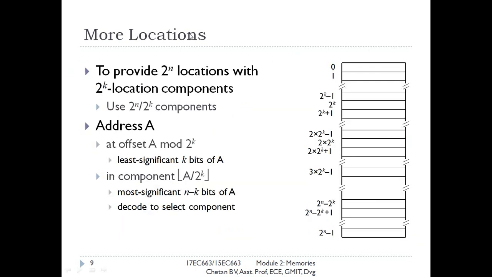The next concept is more locations. If we want to increase the number of locations, we have to arrange individual memory components in this fashion. If we require 2 power n locations and we have memory components which have 2 power k locations, then we divide 2 power n by 2 power k to know how many components we require.